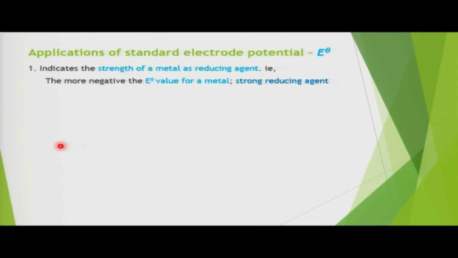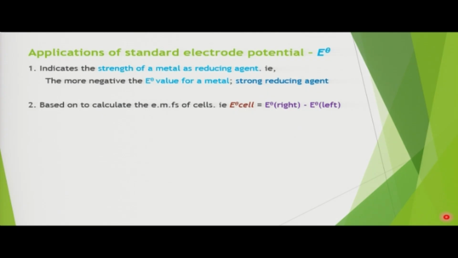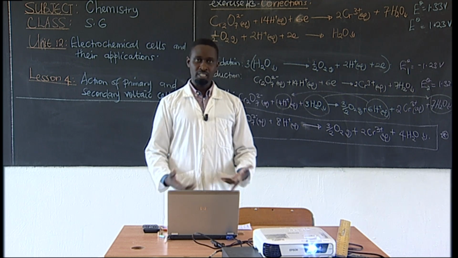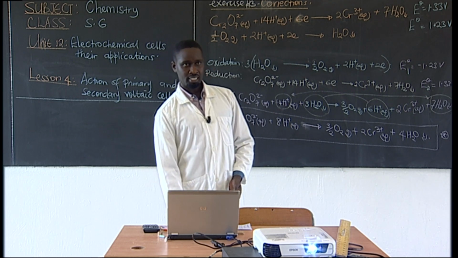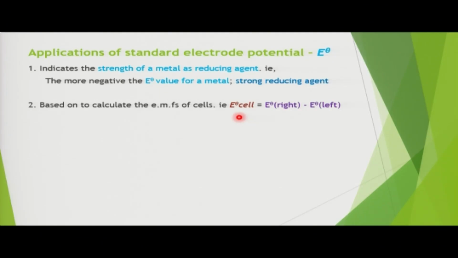Then they also show us the overall EMF for a cell, that is what we call the cell standard electrode potential, the E cell. You can use the standard electrode potentials to get the E cell for all the cells combined.